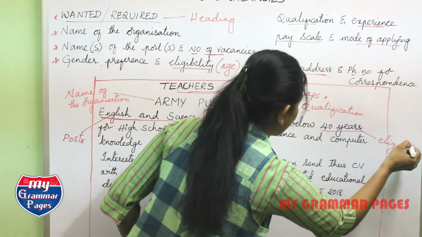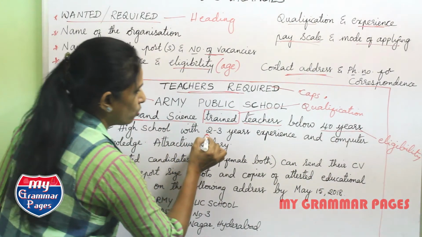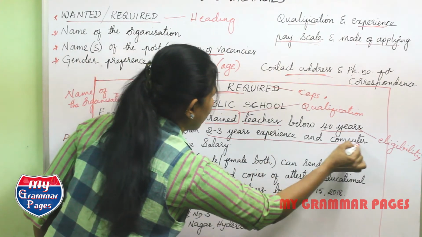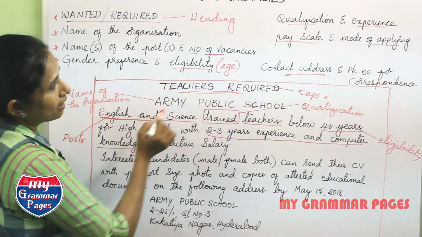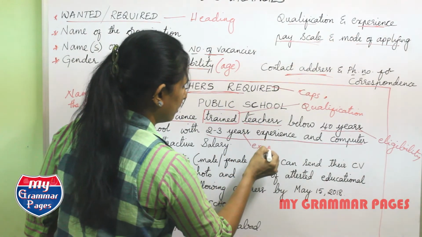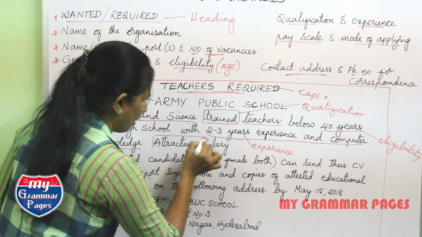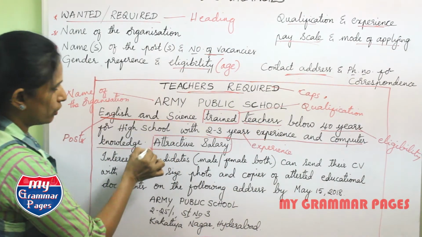So they need only young teachers to teach for high school with 2 to 3 years of experience and computer knowledge. This comes under experience. And see here I have taken attractive salary.